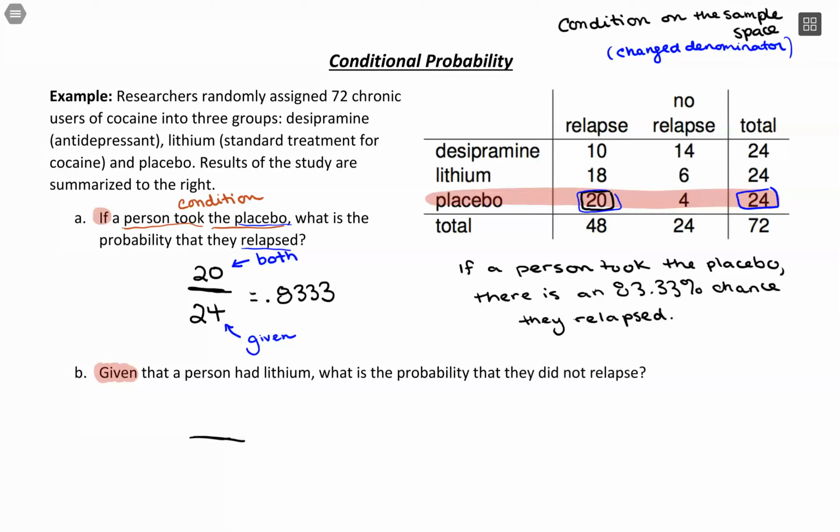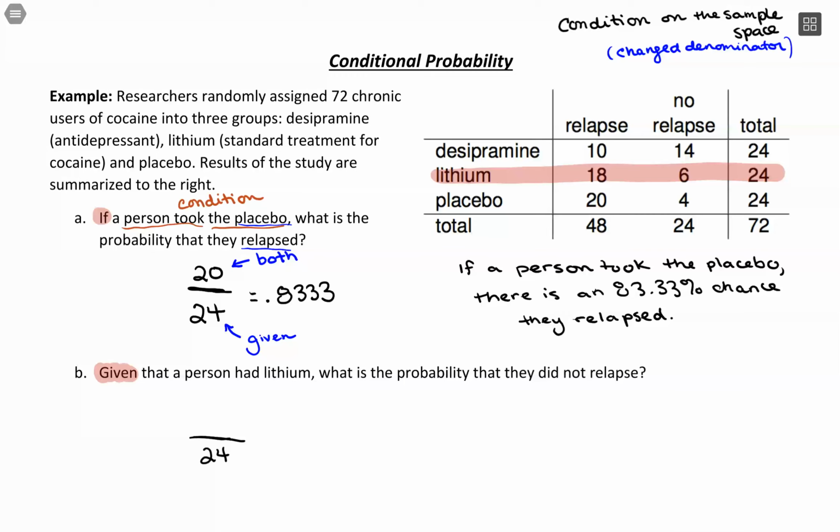So let's see that again with some different information. I'm going to clear out my table here. Given that a person had lithium, so if they were in the lithium group, now we know they're in this group of 24 people. So we're going to have these 24 people being given lithium in the denominator. What's the probability that they did not relapse?